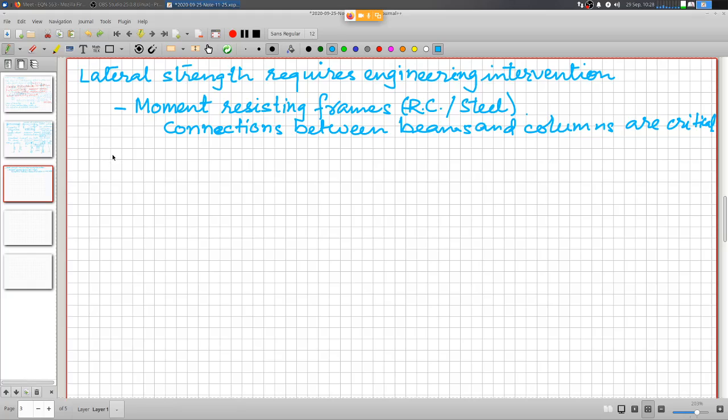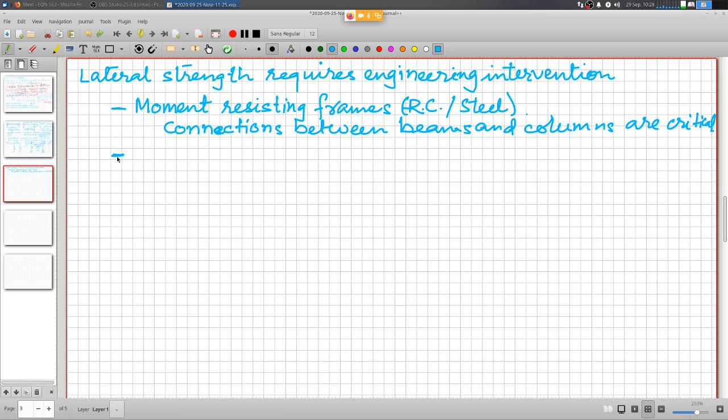Then as I have been telling you since the last couple of lectures, earthquake resistant design is essentially deformation control. We need to control the deformation. Earthquake imposes deformation on the structure, and the primary objective is to control the deformation. And then the deformations come in the lateral direction.